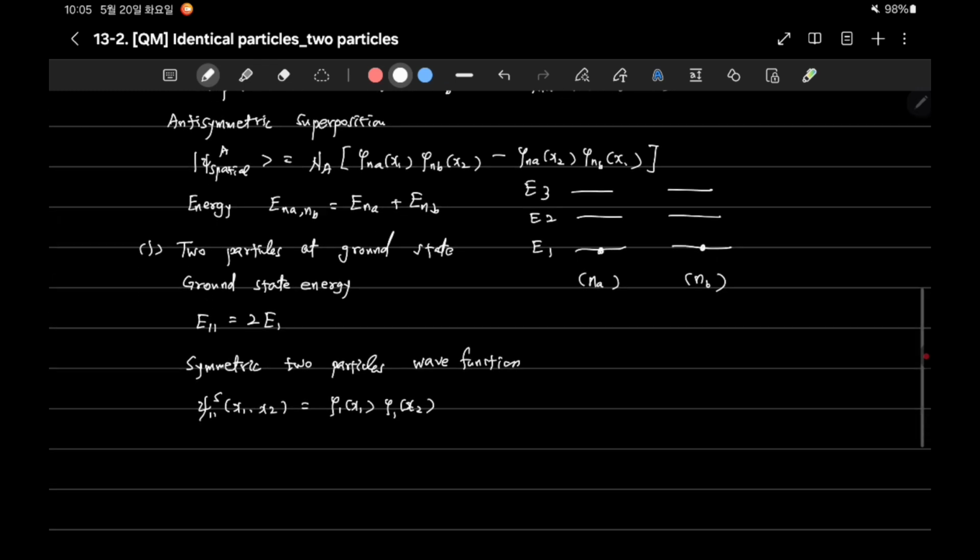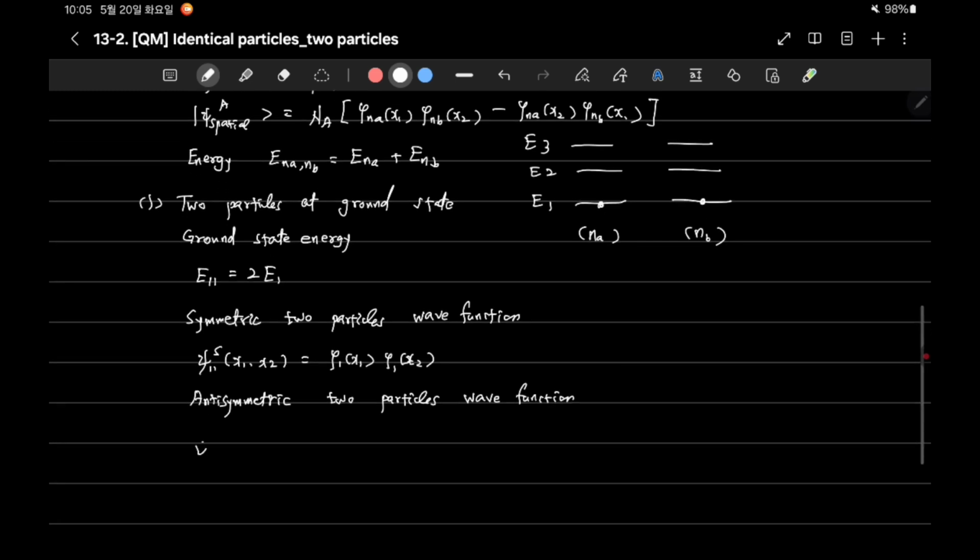So it is the 1-1 case. This is symmetric because exchanging the two particles at x1 and x2 gives an identical function. For example, exchanging NA at the NB site and NB at the NA site is identical, so it is symmetric. Then the antisymmetric two-particle wave function.